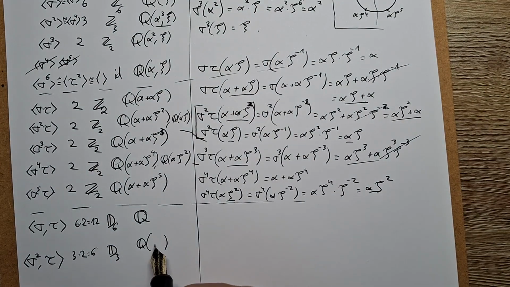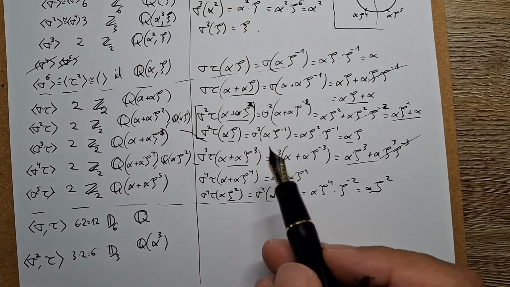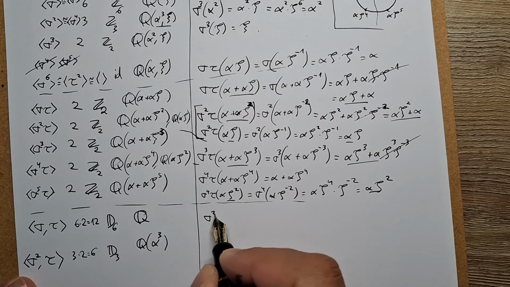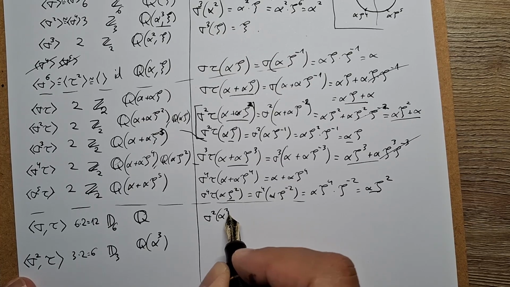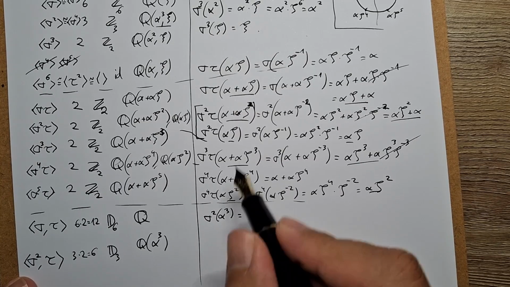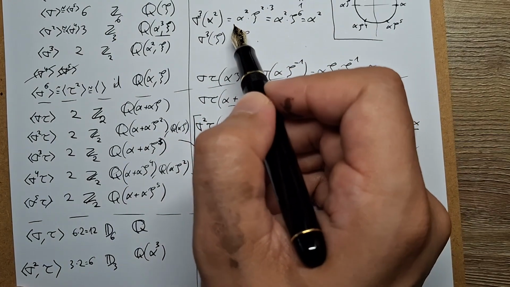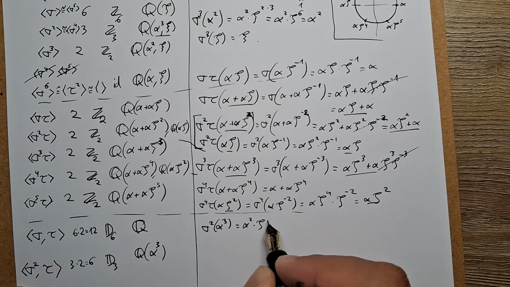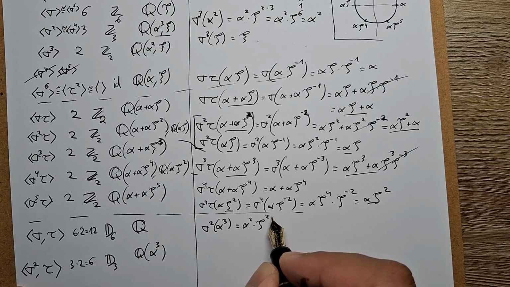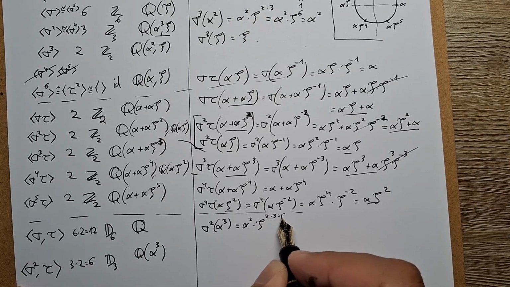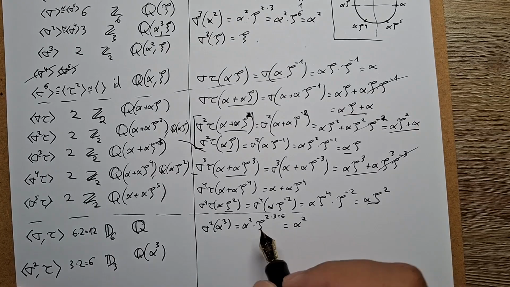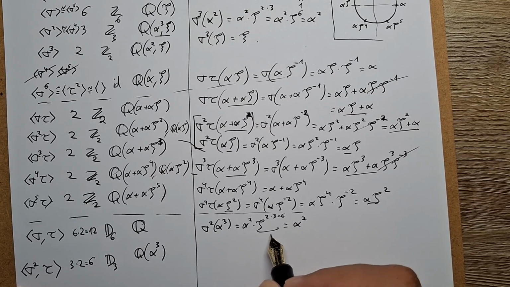So the fixed field here is alpha to the cube, because if you apply sigma squared to alpha to the cube, what you end up having is alpha to the cube multiplied by theta to the power of 2 multiplied by 3, which is 6, which means theta to the 6 is 1.